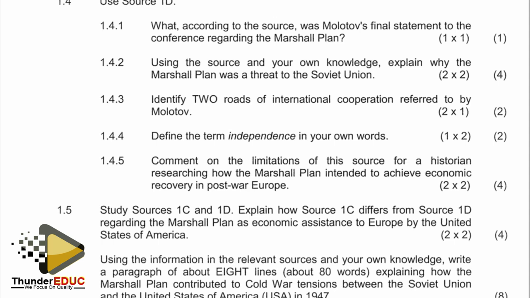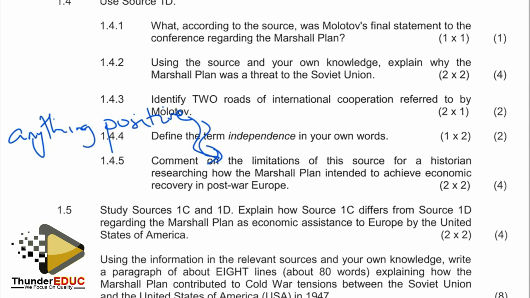So it's limited because it has strong negativity and it has emotive language which was used. It does not accept anything positive. It's strongly negative and it's not accepting anything positive. We are not hearing anything about the Marshall Plan which is positive in that source.